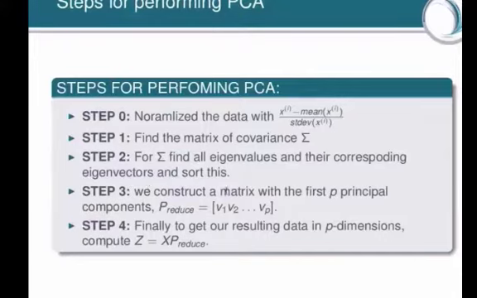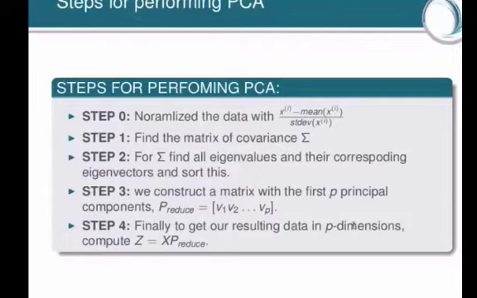Step 3. We construct a matrix with the first P principal components. P reduced is given by B1, B2 until BP. Note that P reduced is a matrix of K by P dimensions.